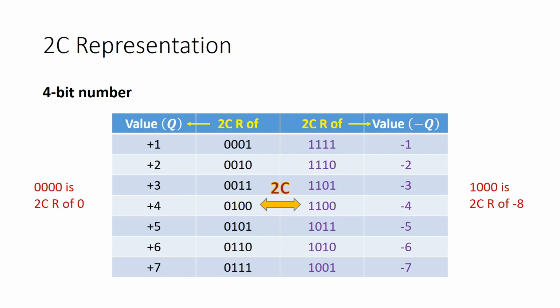What about the two numbers we have left out? 0000 and 1000. We have covered 14 numbers here, but in total there were 16 numbers. Which numbers did we leave out? From here you can see we have left out 0000, and from this list you can see we have left out 1000.